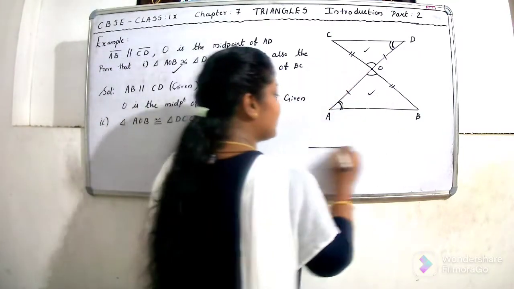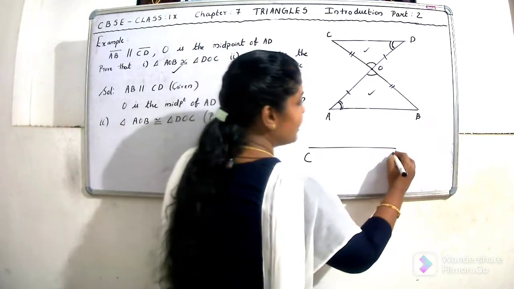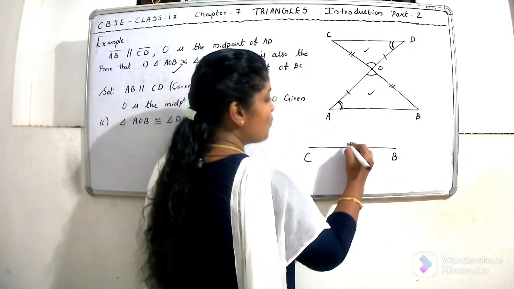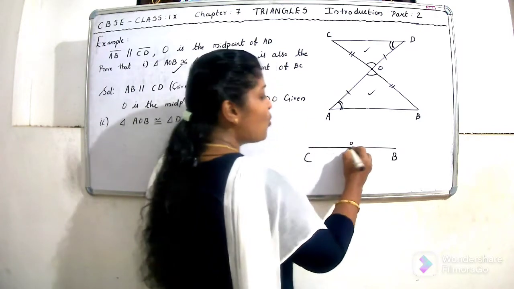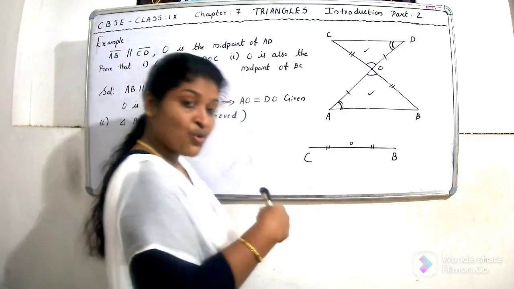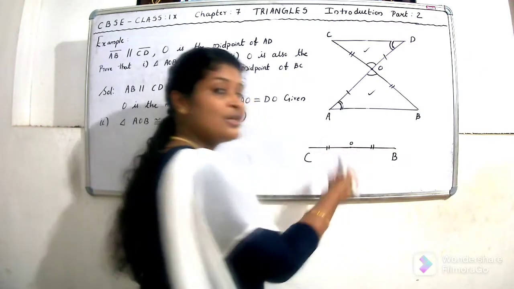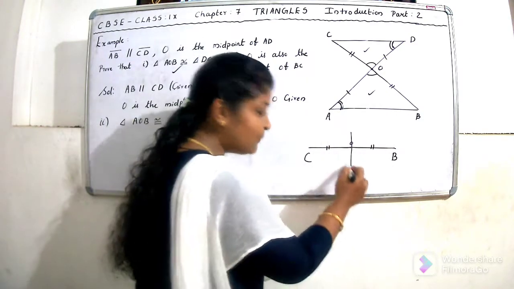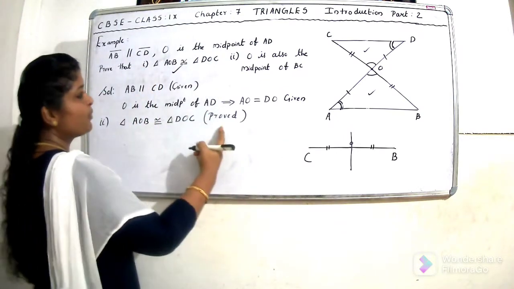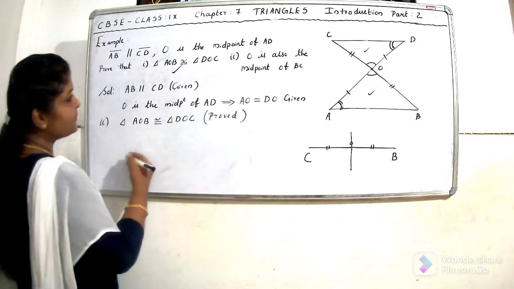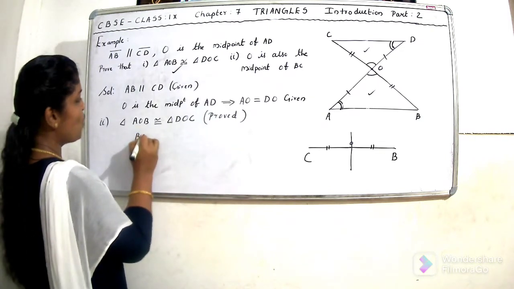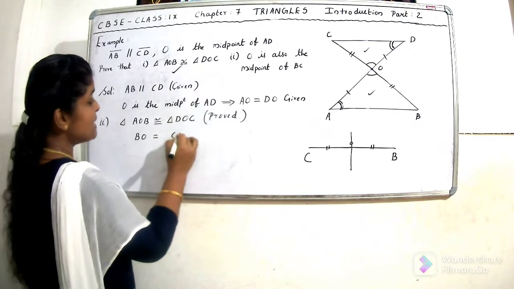So if we take the side CB, and here is O, CO and OB are equal, that we know. So definitely O is the midpoint. Hence we can prove that. Next we have to write this triangle's sides: BO is equal to CO. How?